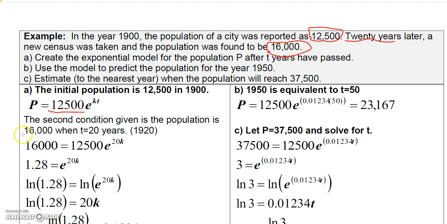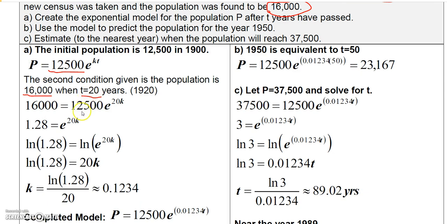The other condition is that the population is 16,000 when t is 20. So let's plug 20 in here for t, and I'm going to put it to the left of the k. So I'll get 12,500 times e to the 20k, and I know that when t is 20, the population should be 16,000, so I'll put that in for P. Now, to solve for k, I can divide both sides by 12,500.